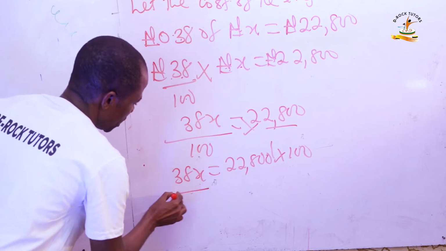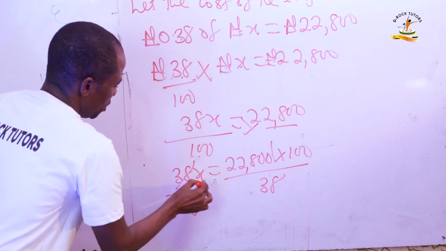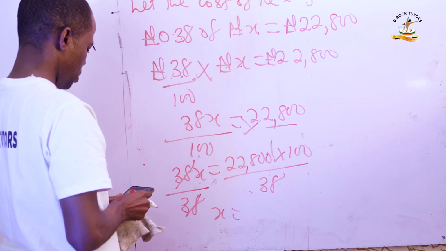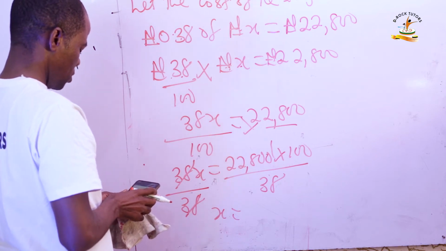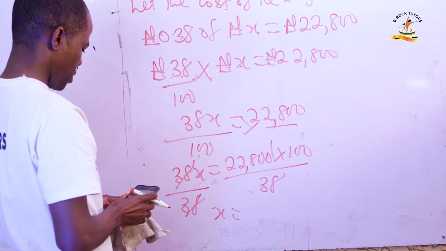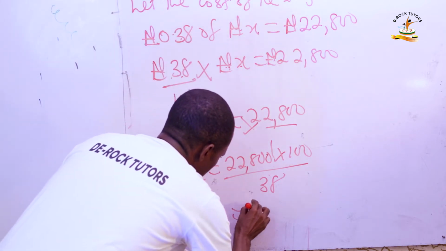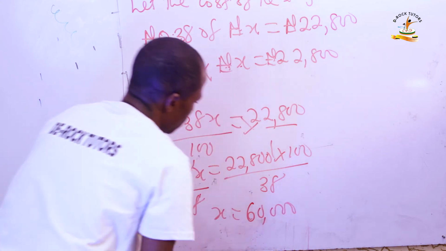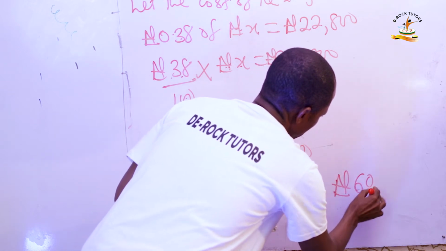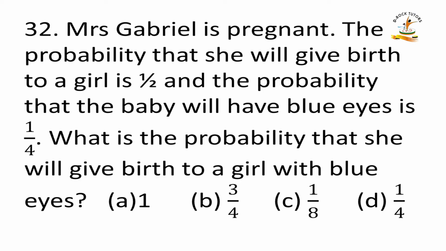If we divide both sides by 38, then x is 22,800 times 100 divided by 38, and that will give us 60,000. So x is 60,000. If you introduce the naira sign, it means that the amount paid for the engine is 60,000 naira. And if you look at the options, that is option A.